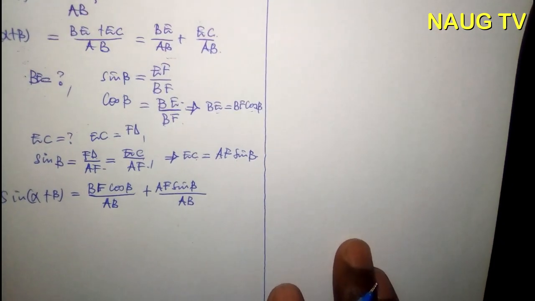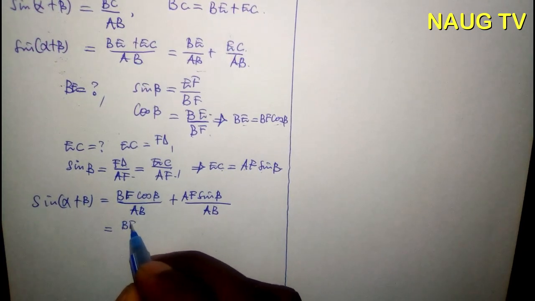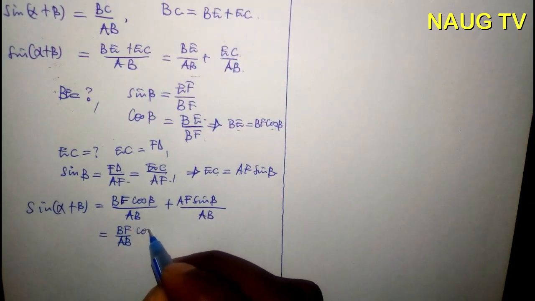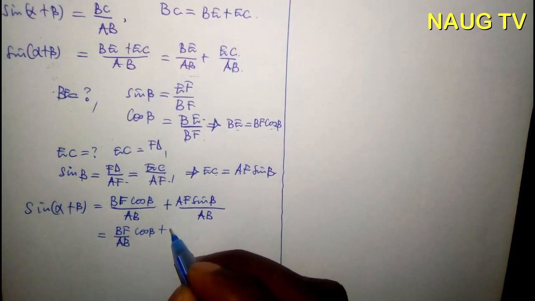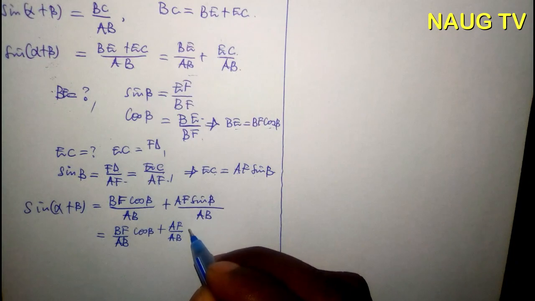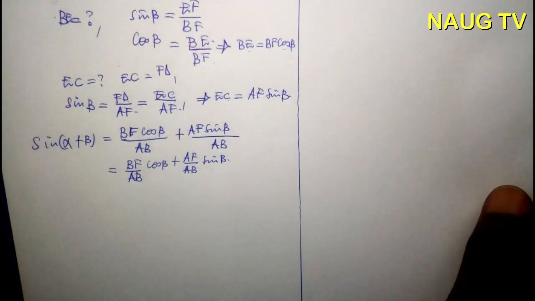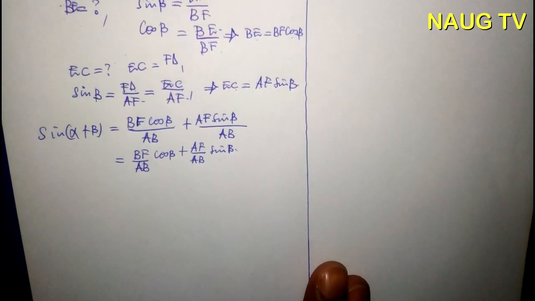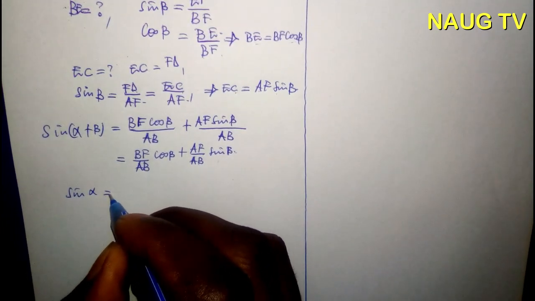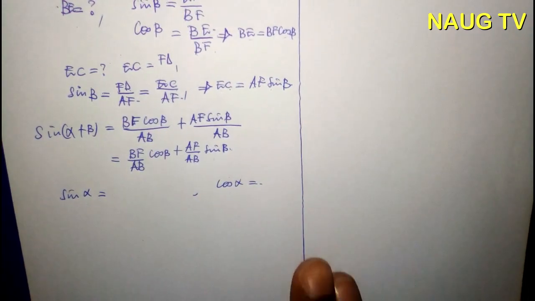Yeah, so this can also be written as BF over AB cosine beta plus AF over AB times sine of beta, right? So let's also calculate the value of sine of alpha and also cosine of alpha, right?